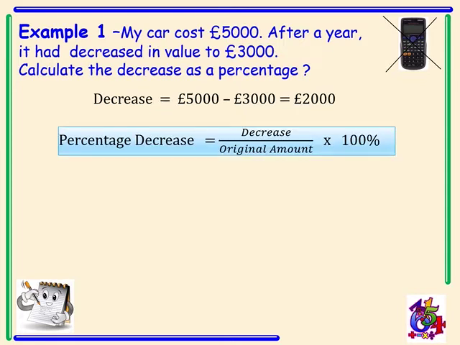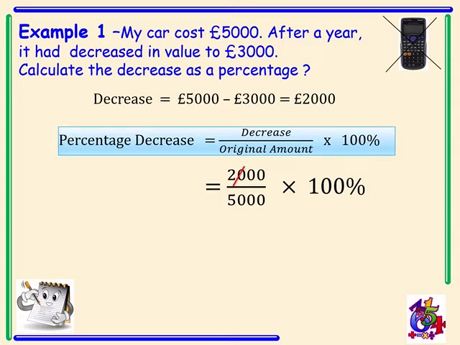I then use this formula here, where I put the decrease on top, I divide by my original amount and times by 100. Therefore 2,000 over 5,000 times 100. Now as this is non-calculator, I am going to cancel my fraction down.